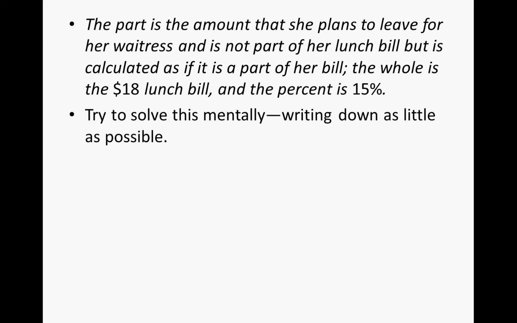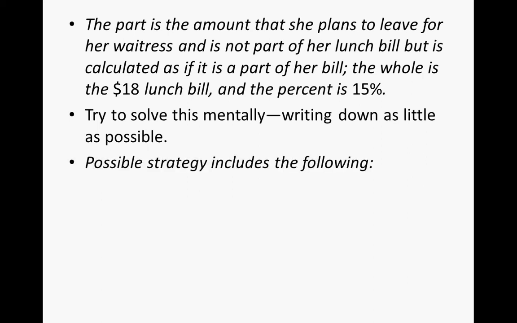So again, try to solve this mentally, writing down as little as possible. When you are done, continue the video. Alright, so here are some possible strategies. You could do 15% is equal to 10% plus 5%. And 10% of $18 is pretty easy.